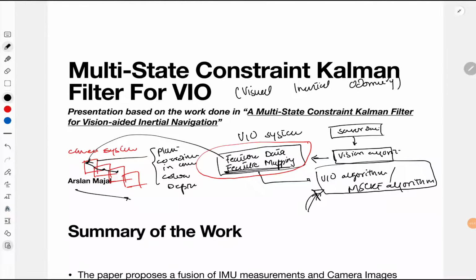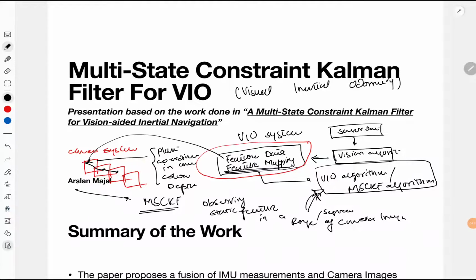You will realize why this is important when we get into the MSCKF, because the MSCKF bases its contribution on the fact that you are observing static features in a sequence of camera images. Meaning that if you have a feature f1, you observe it in frame 1, and then you observe f1 in frame 2, and then you observe f1 in frame 3.